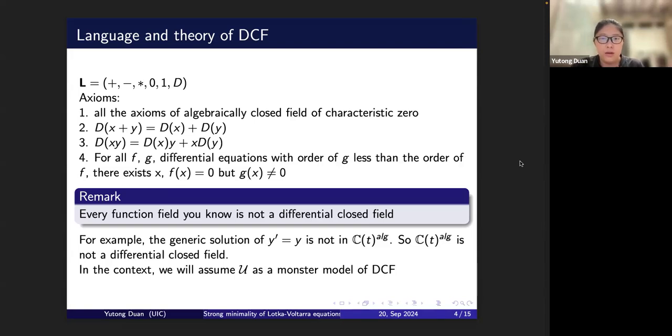So why do we introduce this concept? Because first, you can imagine there is a differential closure of a function field, and then based on that, in model theory, we can construct a very good model, a very good differential closed field, that satisfies good model theory properties.